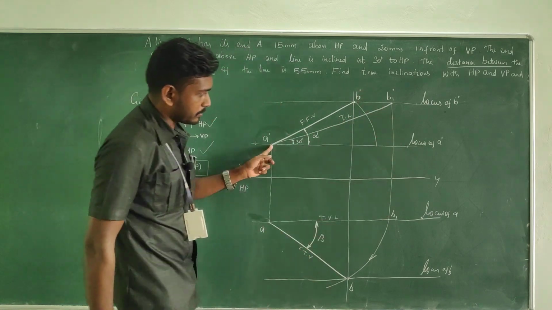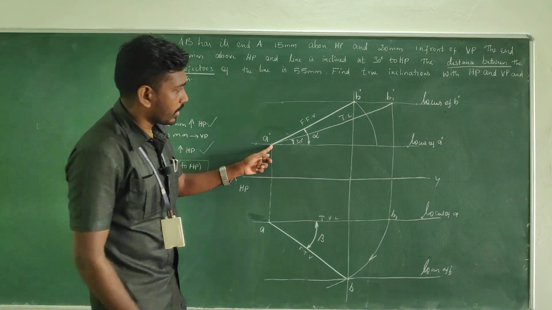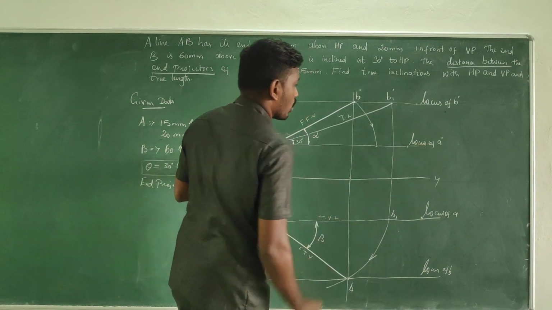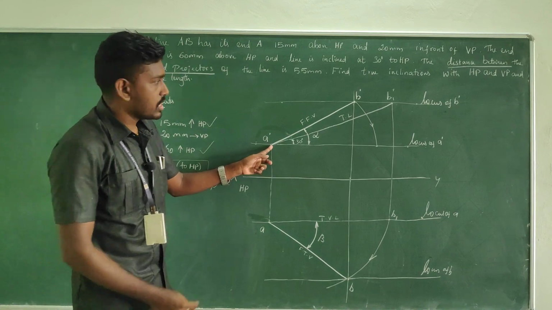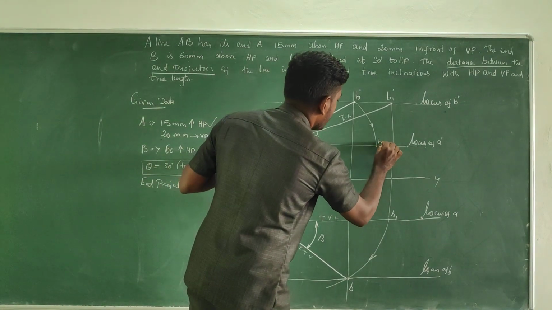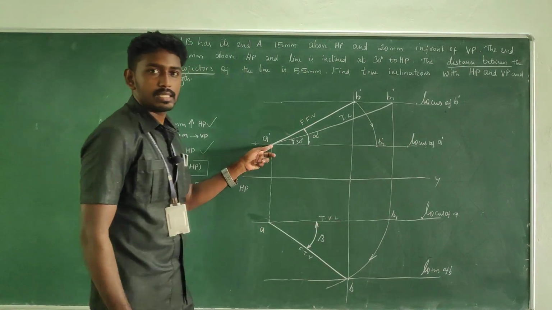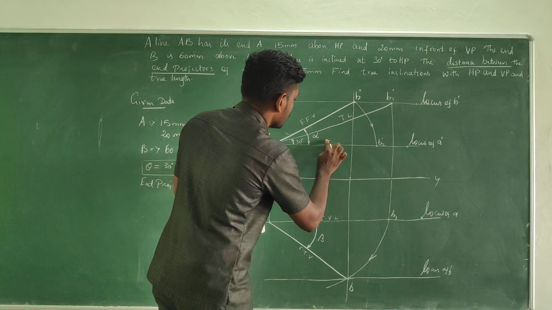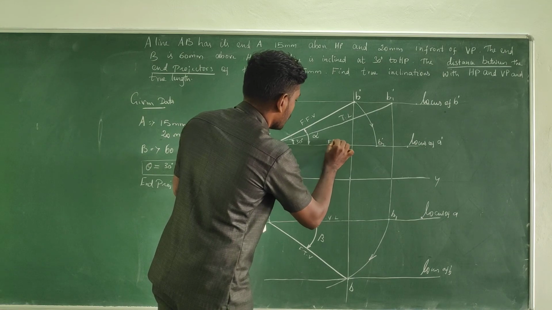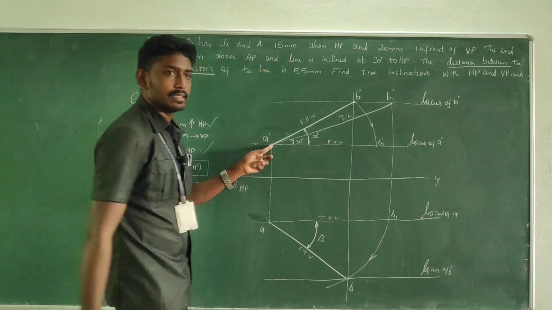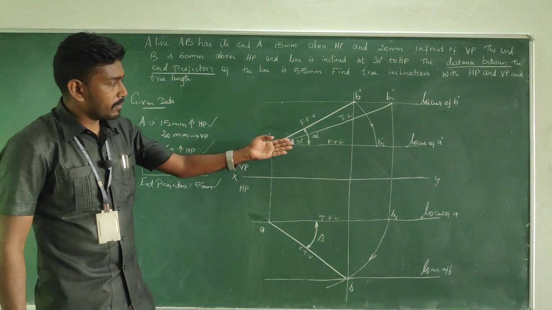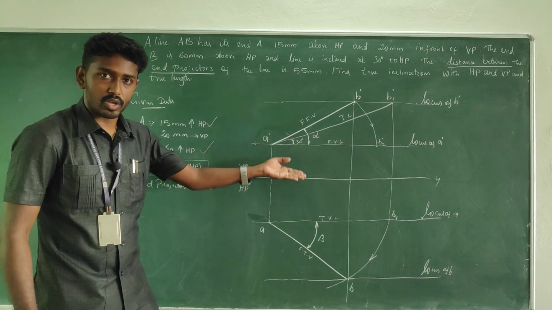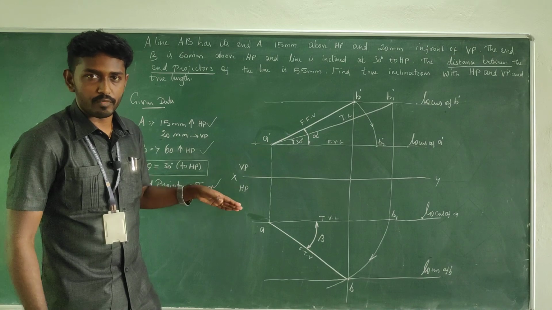rotate in this manner. Okay, so now it reaches the locus of B dash. It becomes the point B2 dash. See, this is our final front view length. How do we get the front view length? From the projector of the true inclination in the top view.